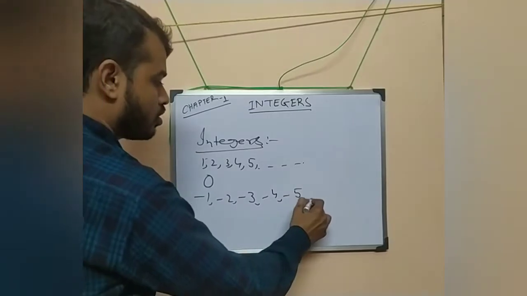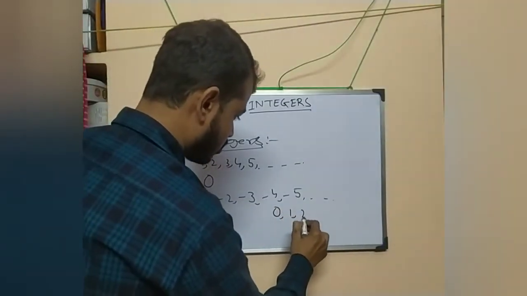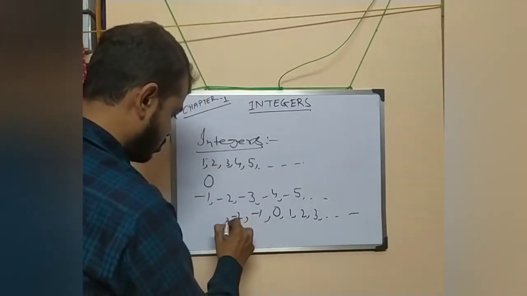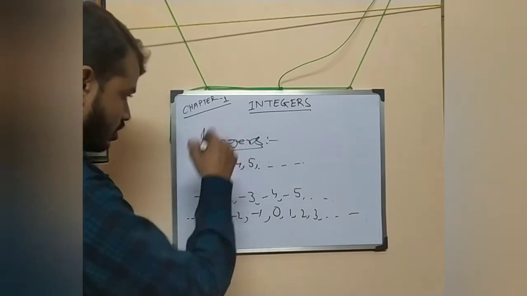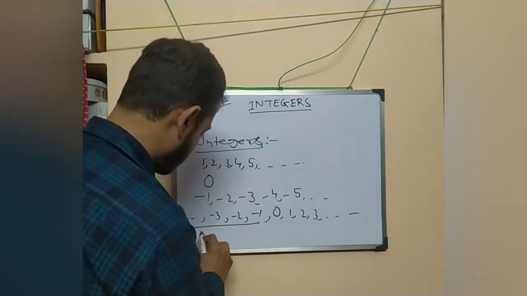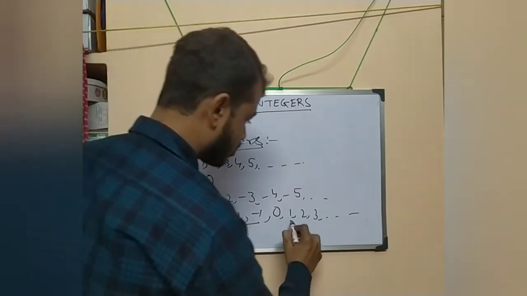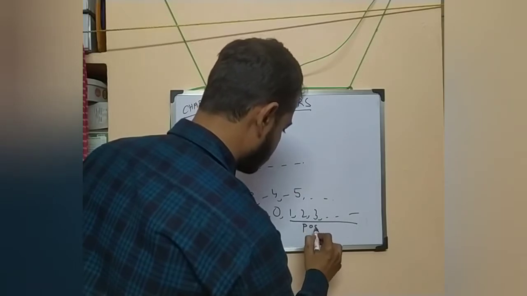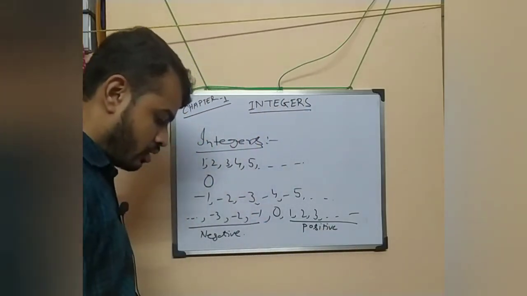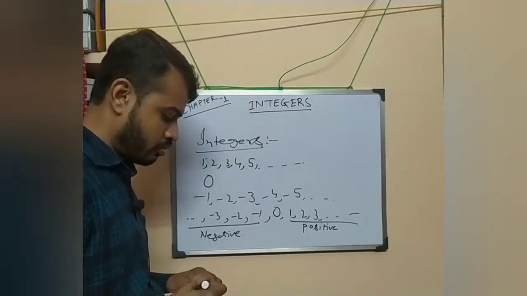These all are called integers. That is, we have 0 here, 1, 2, 3, up to infinity, and there are minus 1, minus 2, minus 3, up to infinity. This is called negative integers. This is called positive integers. And 0 is neither positive nor negative.